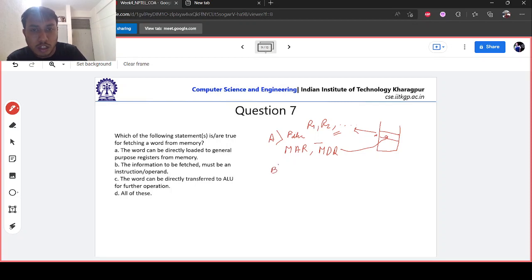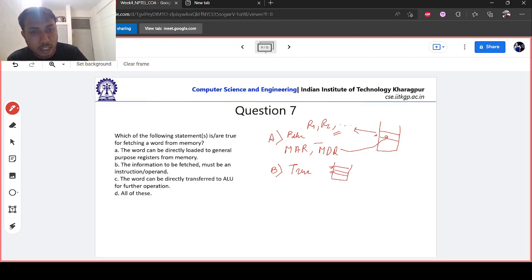If you go to option B, it says the information to be fetched must be an instruction or operand. Obviously this is true, because those are the only two types of values that are stored in memory: one is instruction, another is operand.